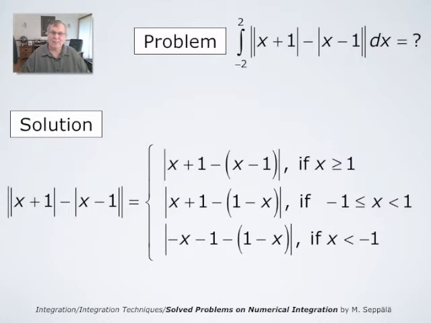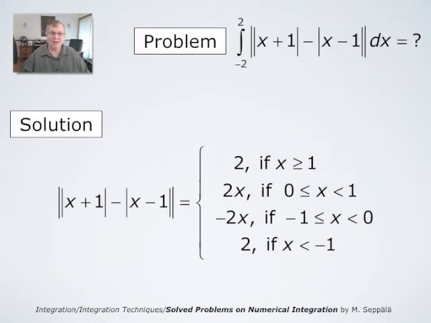If x is between -1 and 1, then the absolute value of the difference is the absolute value of x plus 1 minus 1 plus x, which simplifies to the absolute value of 2x. And if x is less than -1, then we get the absolute value of minus x minus 1 minus 1 plus x, which simplifies to 2.